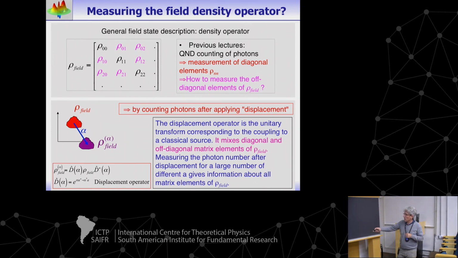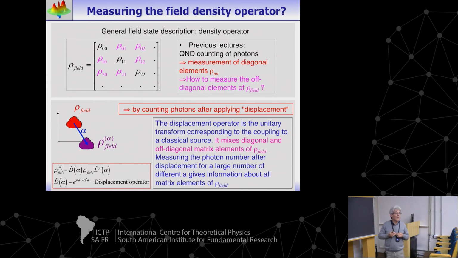And this operator is perfectly well determined as soon as you have a good calibration of the complex amplitude α. Which means that after this displacement, you have a new density operator that you know exactly how to compute as a function of the initial one. And it's just linear relations.